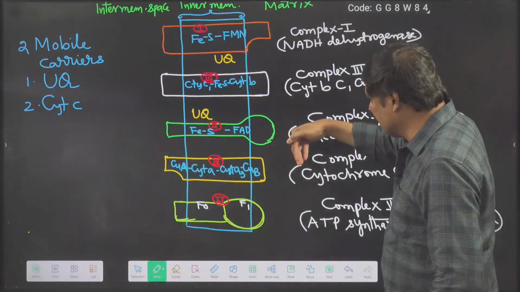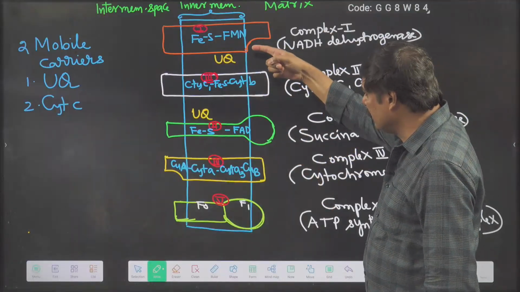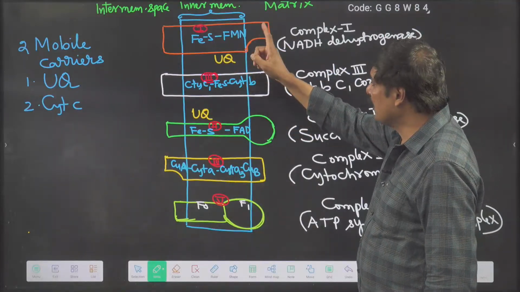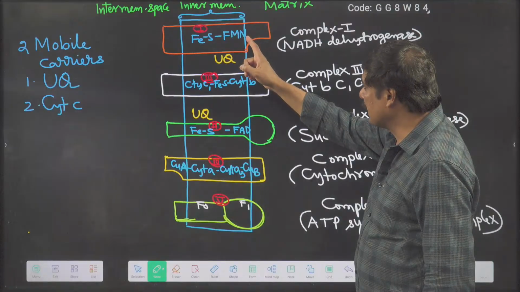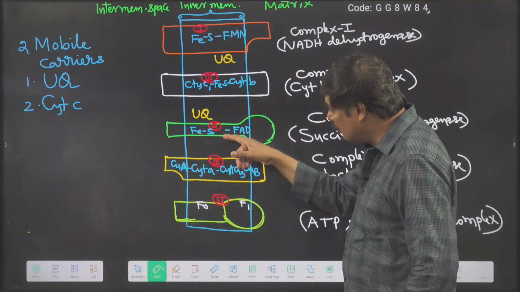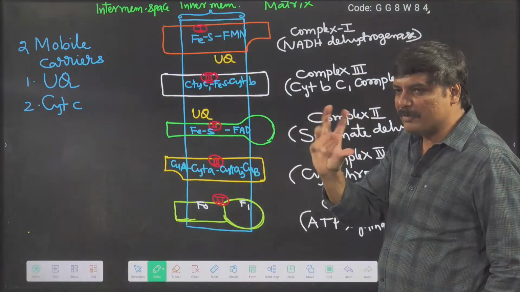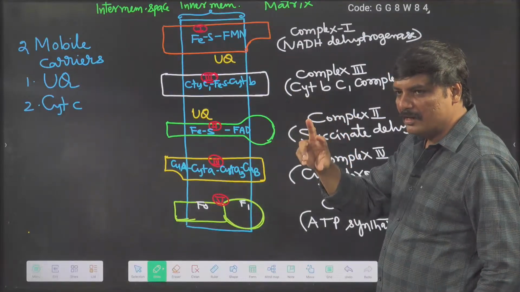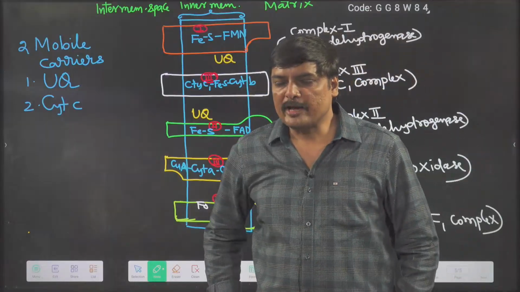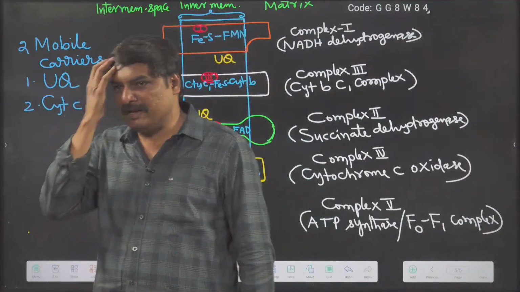Ubiquinone is present within the membrane between 1 and 3 and 2 and 3. That means it carries the electrons from complex 1 and transports them to complex 3, and it also accepts electrons from complex 2 and transfers them to complex 3. So the common carrier between complex 1 and 3 and 2 and 3 is ubiquinone. Location of ubiquinone: within the membrane. I think clear.